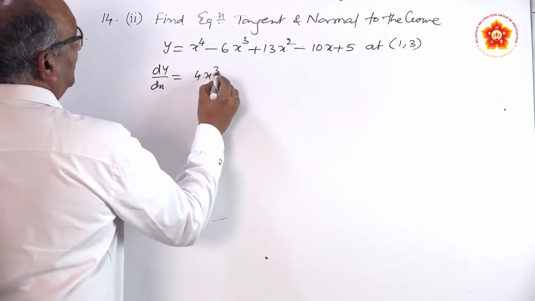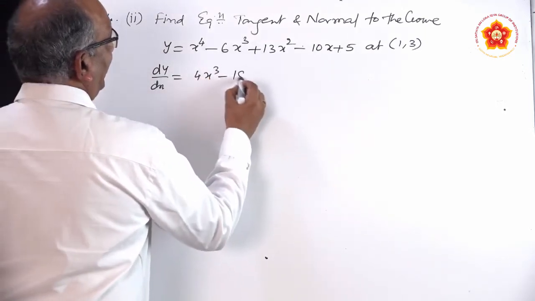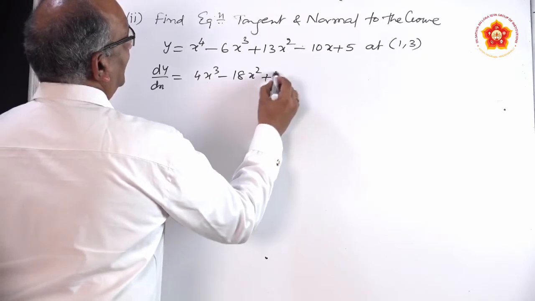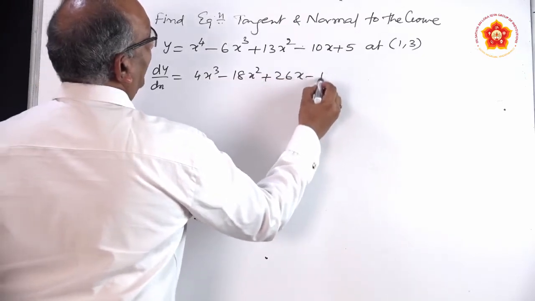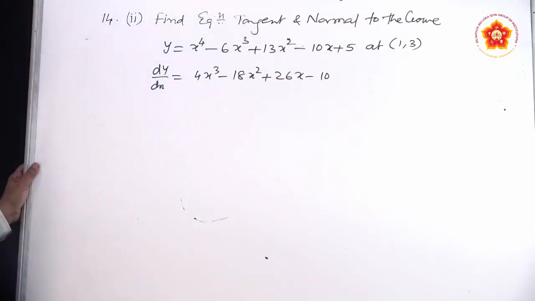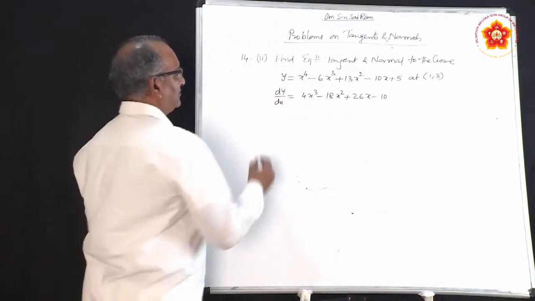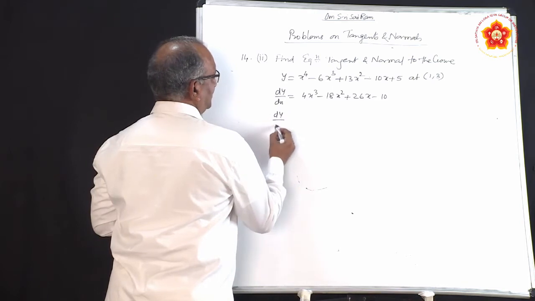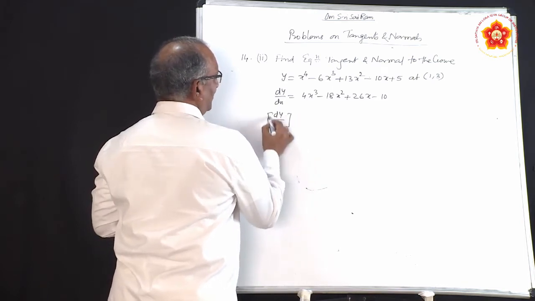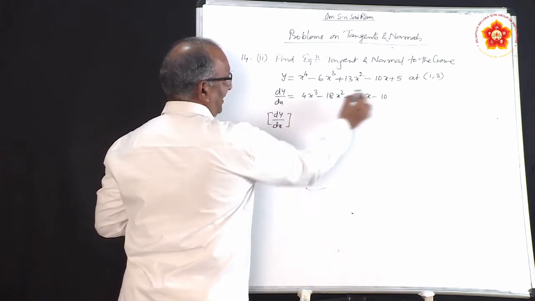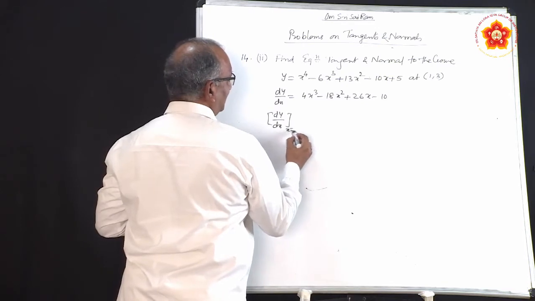4x cube minus 18x square plus 26x minus 10. You need to know what is the slope at the point 1, 3, or in other terms, what is the slope when x is 1, because only the x value we are going to substitute.